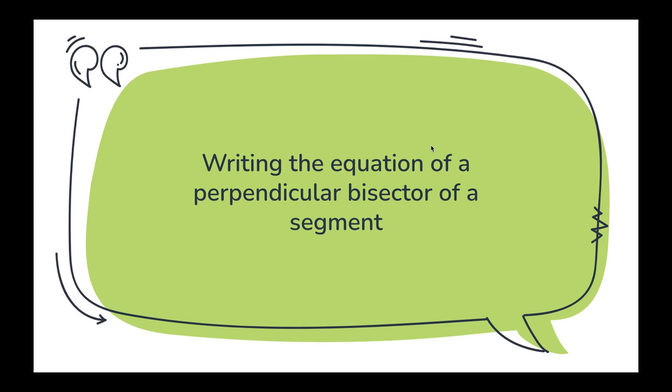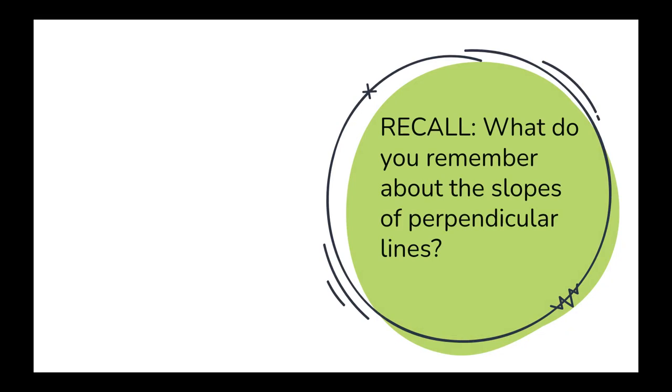All right, now we're moving into the next portion, which is writing the equation of a perpendicular bisector of a segment. Now, what do you remember about the slopes of perpendicular lines?